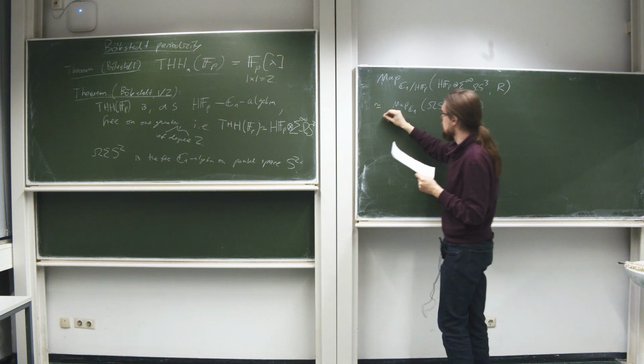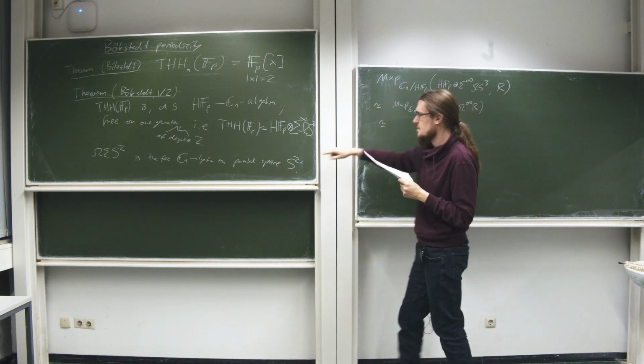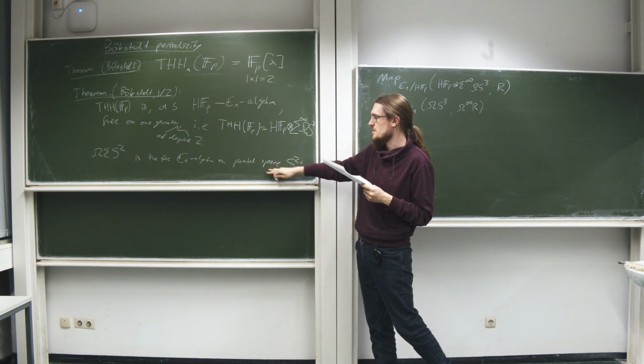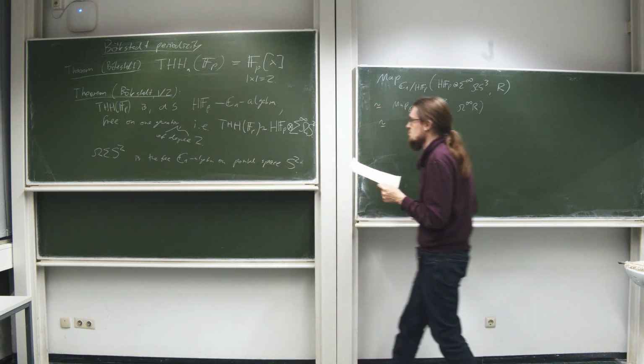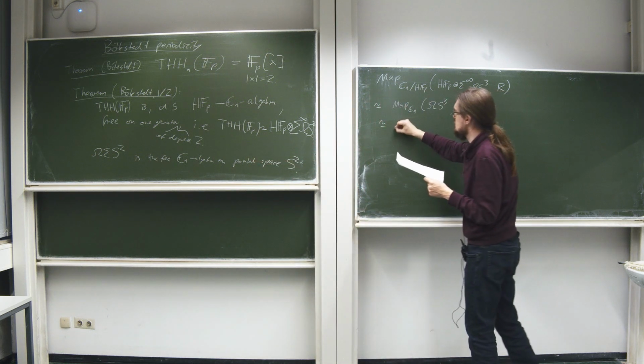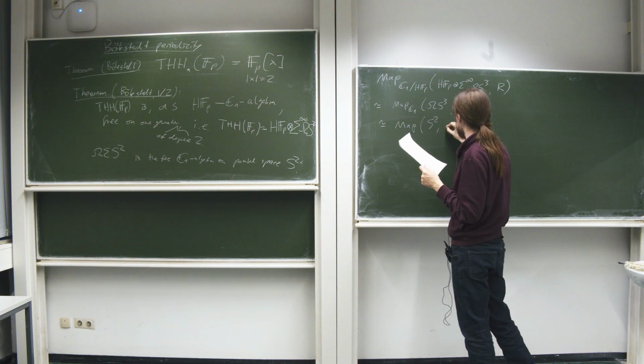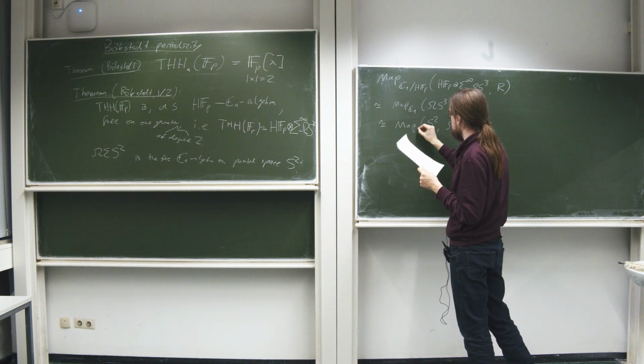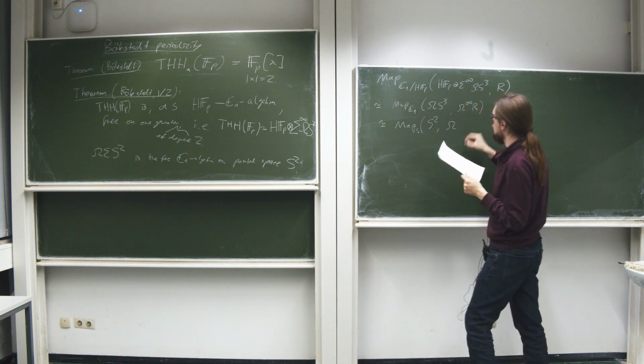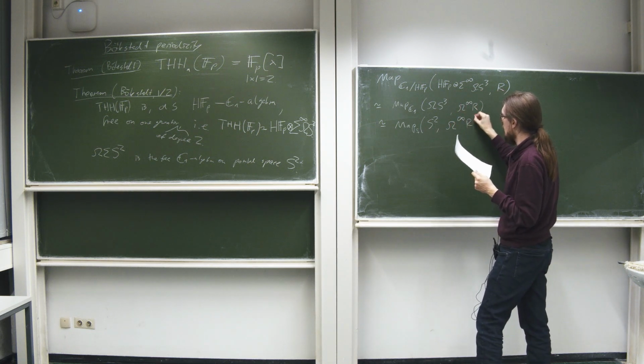And then further by this assertion here, that this is the free E1 algebra on S2, this is simply the same as just maps of pointed spaces, S2 into loops infinity R.